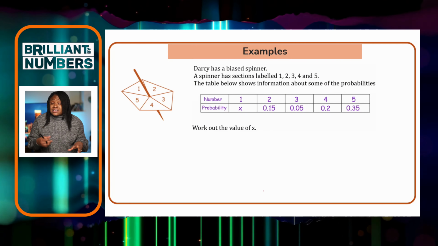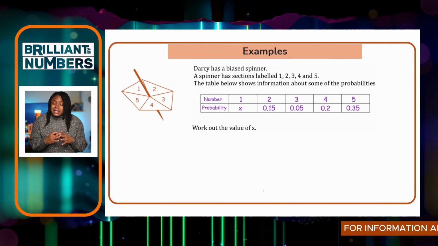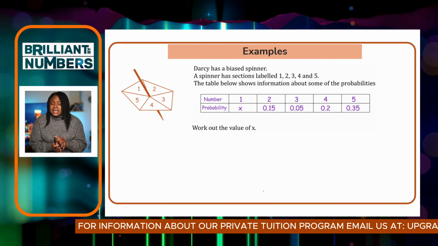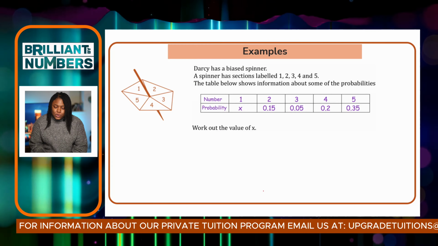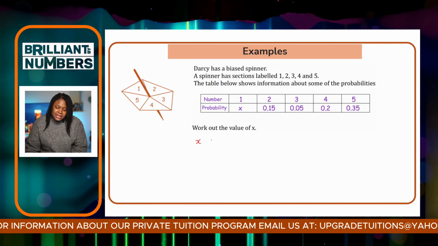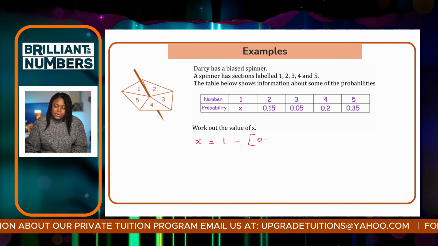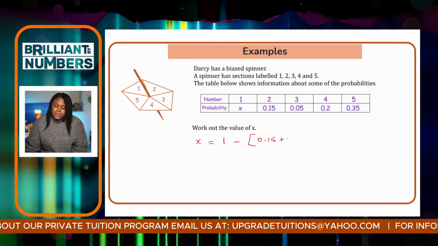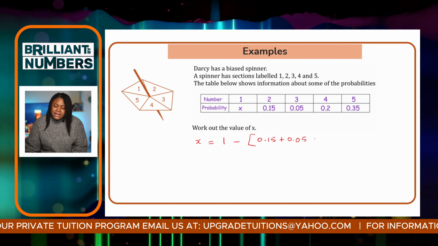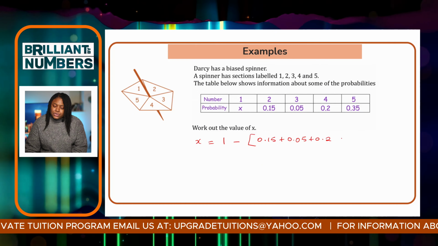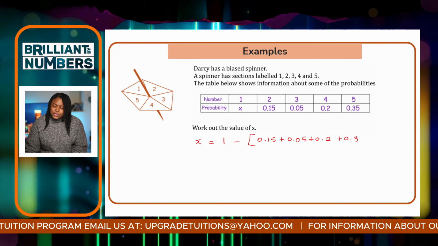Again, even though this is decimal, we still know that the total of probabilities is 1. Therefore, to get x, I would need to do 1 take away the total of 0.15 plus 0.05 plus 0.2 plus 0.35.